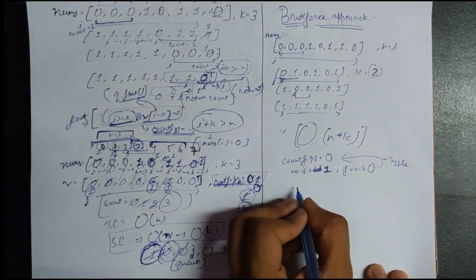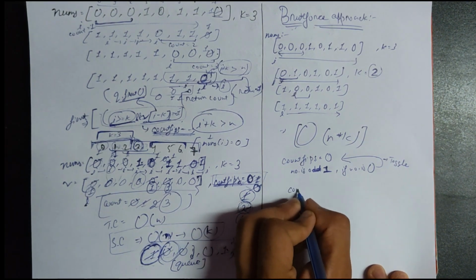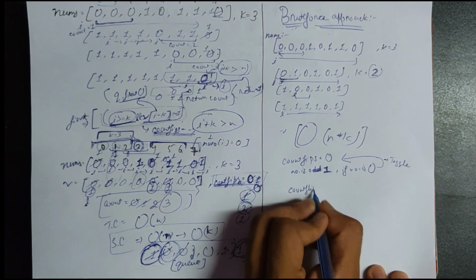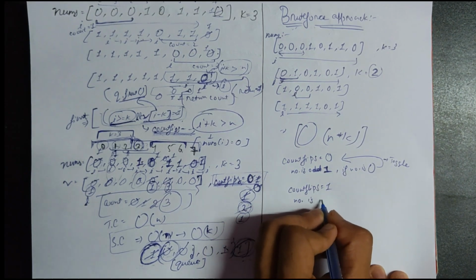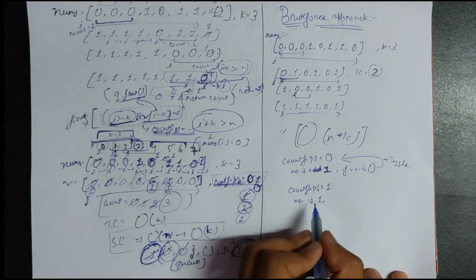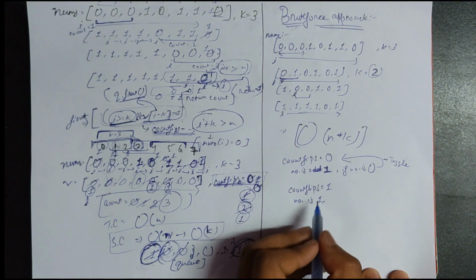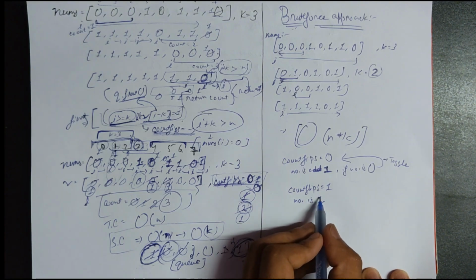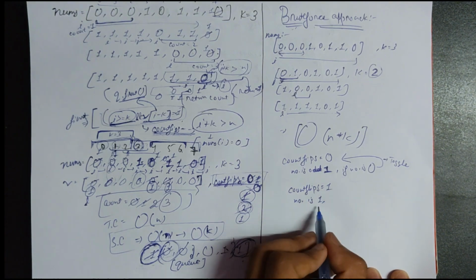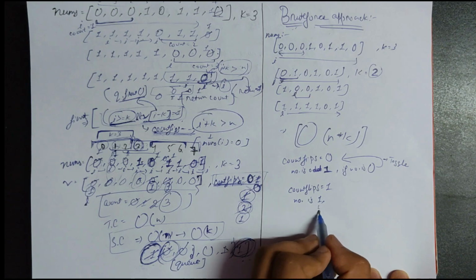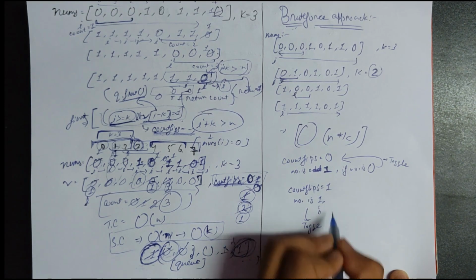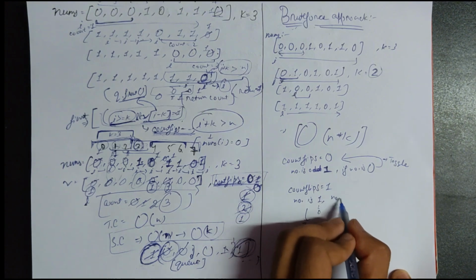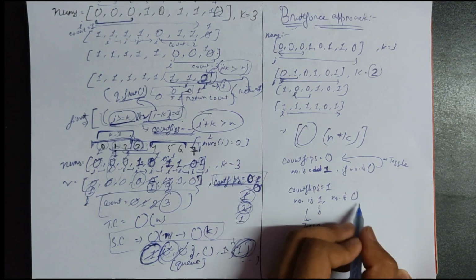And also for the even case, if the value of count flips is even, let's assume it is 1, and if the number is 1, in that case number is 1 and the count flips is odd, which means the number was flipped an odd number of times, so it will be converted to 0. So in this case we have to toggle. And another case can be if the number is 0, we don't need to toggle.